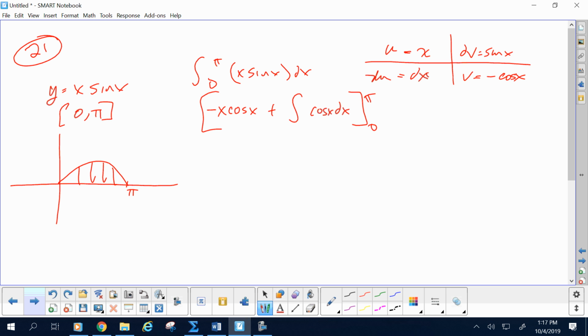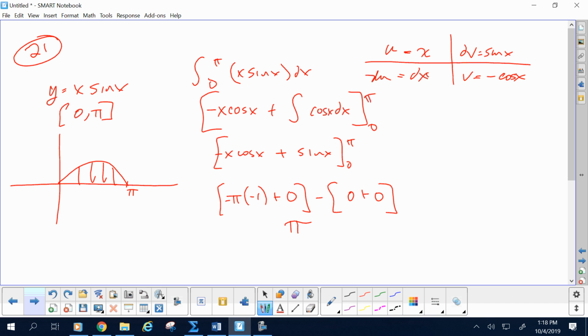At any rate, the antiderivative of cosine is sine, so you get something like that. So, negative pi, what's the cosine of pi? Negative 1, plus sine of pi is 0, minus 0 plus sine of 0 is 0. So I get pi.